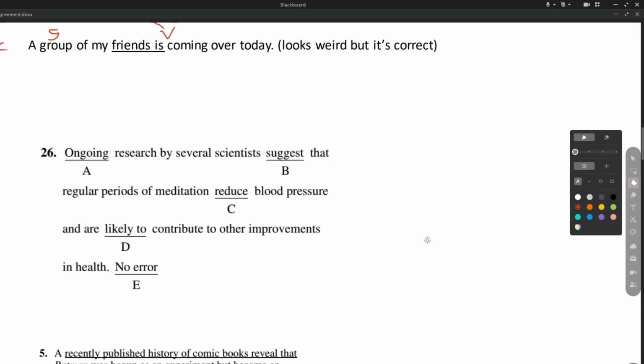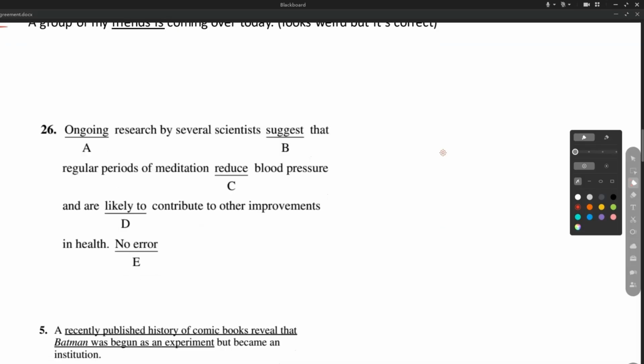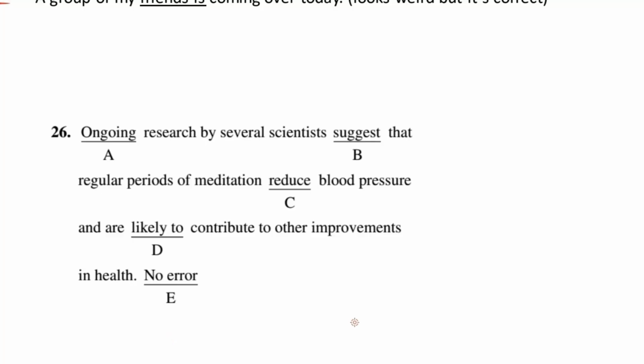All right, let's do an example from the SAT many years ago. This format no longer exists, but it's good for teaching. Look at sentence 26. I would like you to identify, if you can, a prepositional phrase in the first line. Can you see it? If you've said by several scientists is a prepositional phrase, you are right.